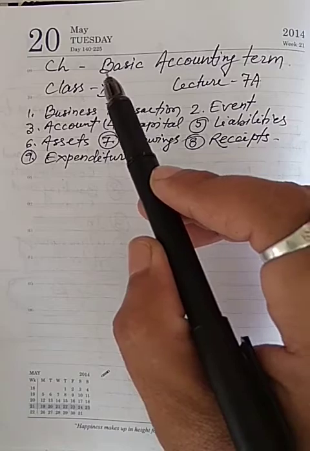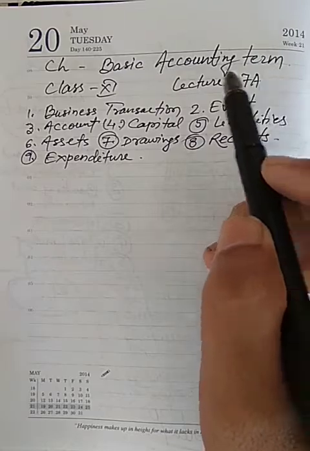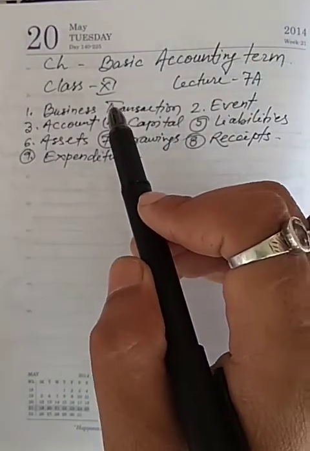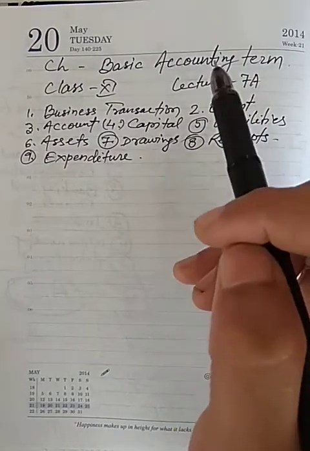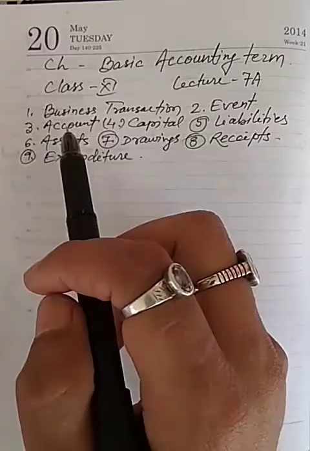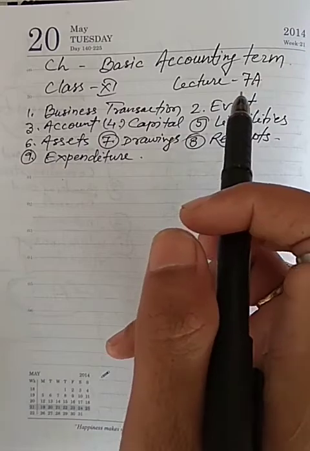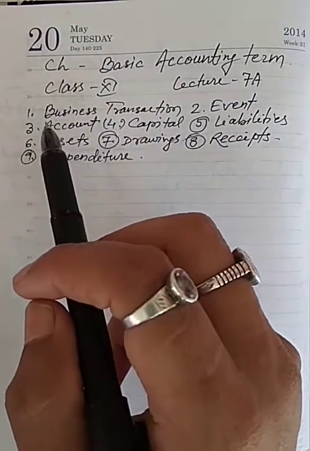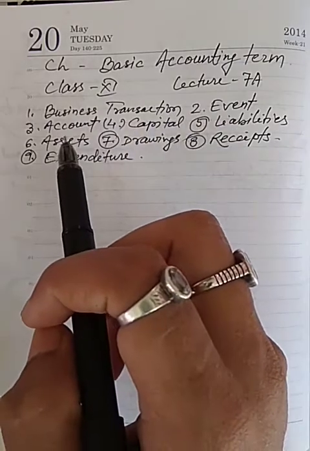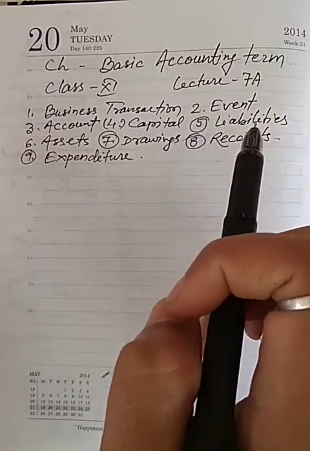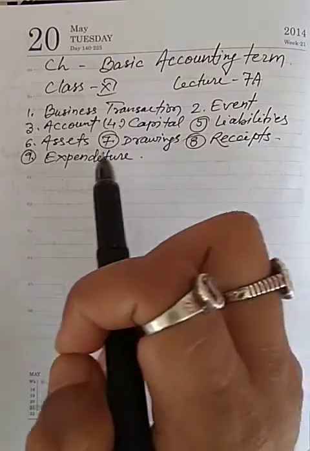I continue this chapter, Basic Accounting Terms, for class 11th. This is my lecture number 7A. I have explained in my previous video, lecture number 6A: business transaction, event, account, capital, liabilities, assets, drawings, receipts, and expenditure.